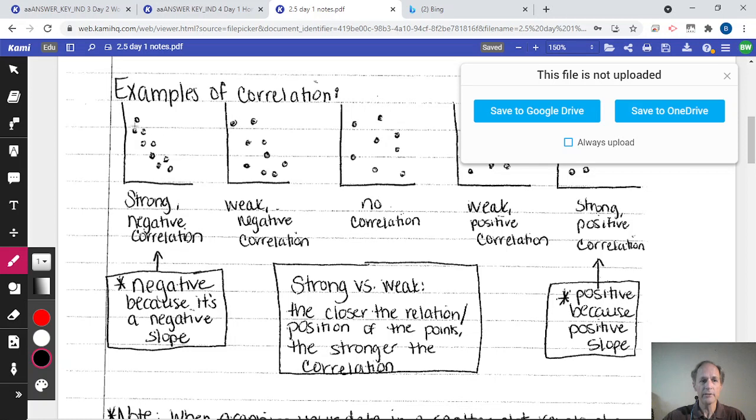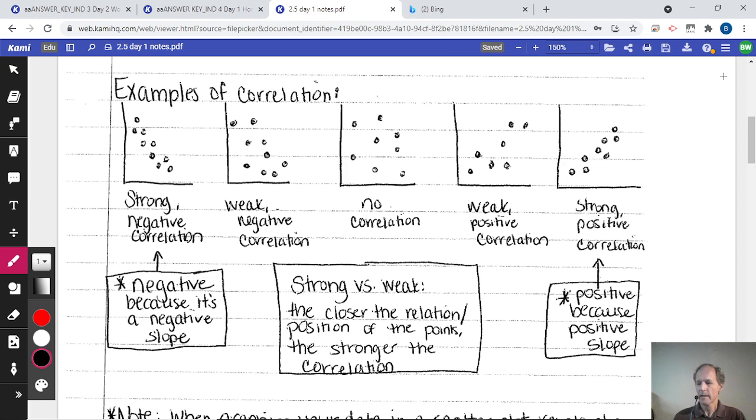Okay, this one on the other hand, if we drew a line, the points are close to it, that's why it's strong. Okay, so this one we say there's no correlation. It really doesn't look like a line at all. And then here we have, if we drew the line that fits this, it would look something like that.